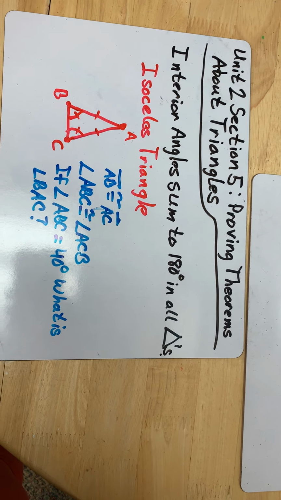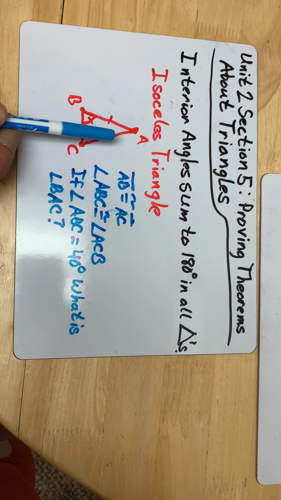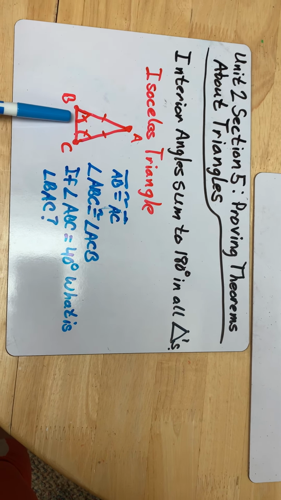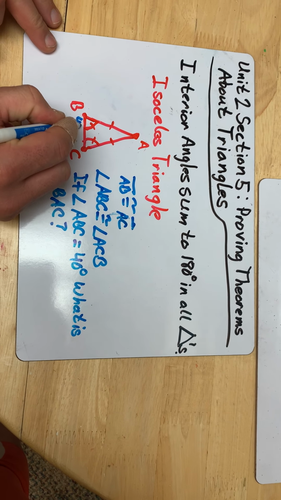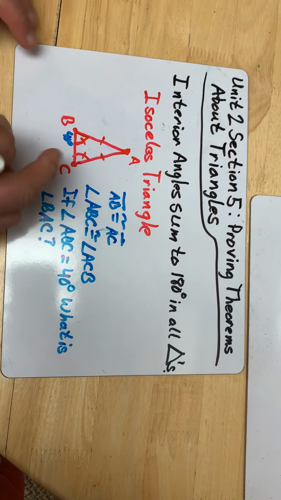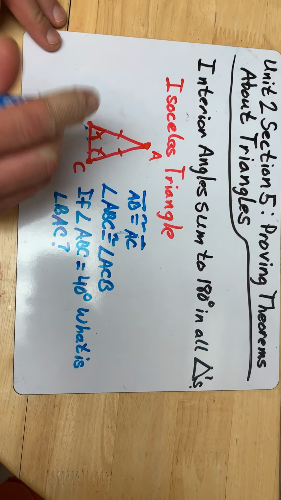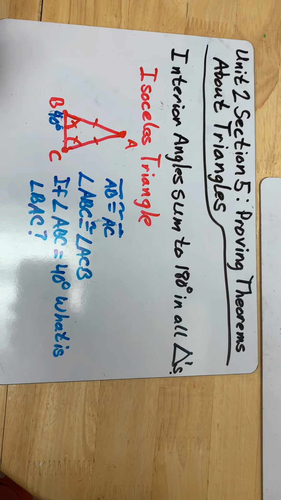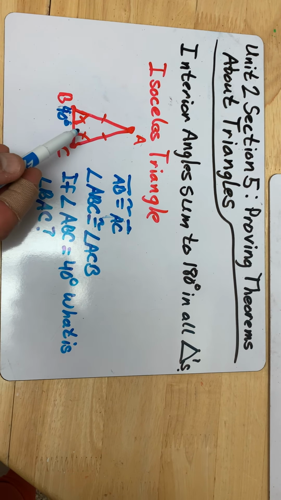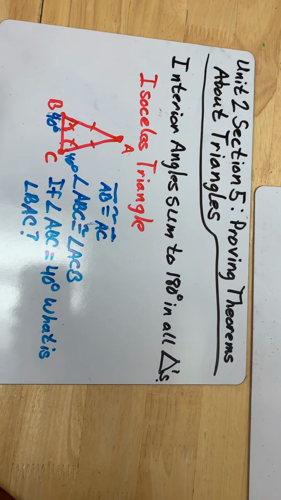We know that angle ABC is 40 degrees. We know the base angles here, ABC and ACB, are congruent based on the definition of an isosceles triangle. So if this one's 40, that means this one's also 40.